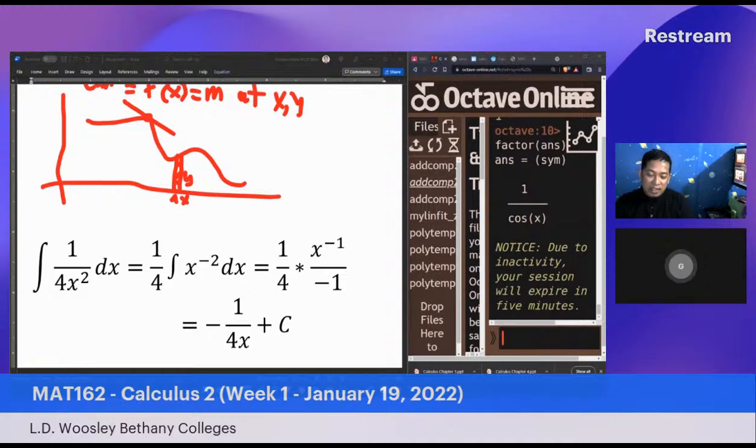Okay. Sige, just the answer. Answer po, 2x raised to 4 minus 3x cubed plus 4x plus c. Okay, correct. Very good. Nandun pa lang po siya. Okay, sige, walang problema yan.